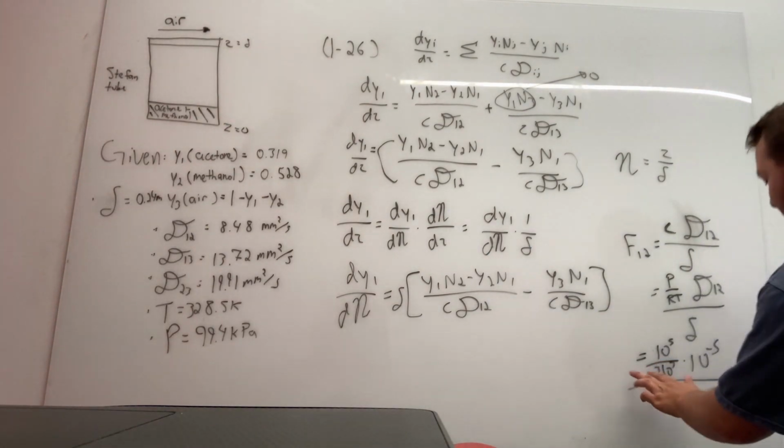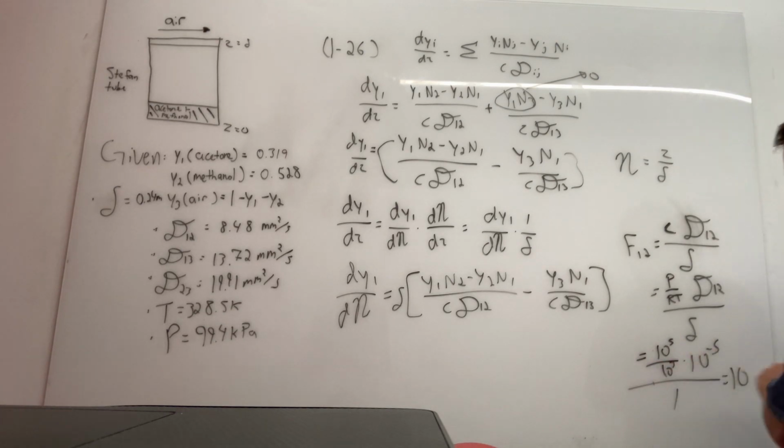Oh, sorry, I already repeated myself. Okay, that's why I was confused. So that's already there, 10 to the 3rd. So that should be equal to 10 to the negative 3rd.